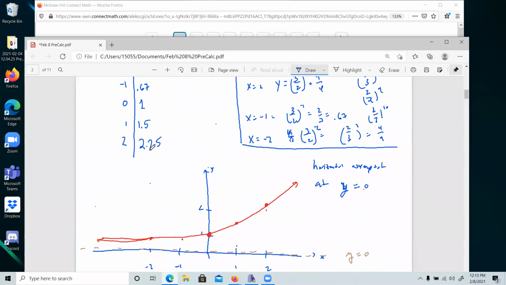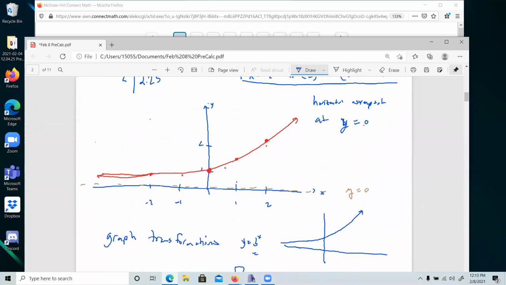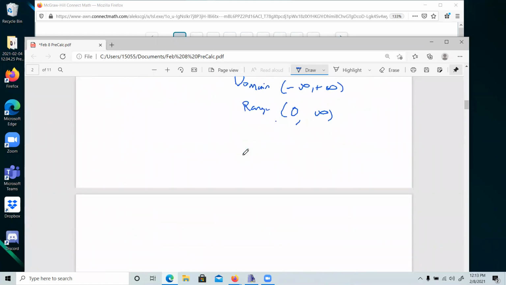We kind of went through and did a big negative numbers, and we never got negative. So my range, right? Does it hit 0? No, I'm afraid it doesn't. So that's why we end up with the parentheses. All right. So that's our idea of what an exponential function looks like.